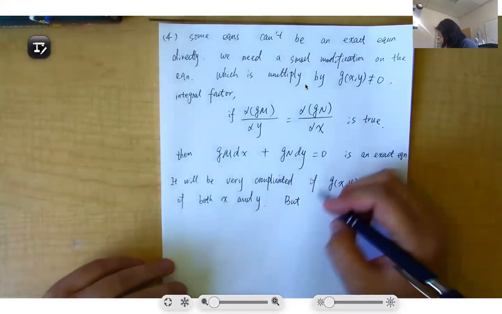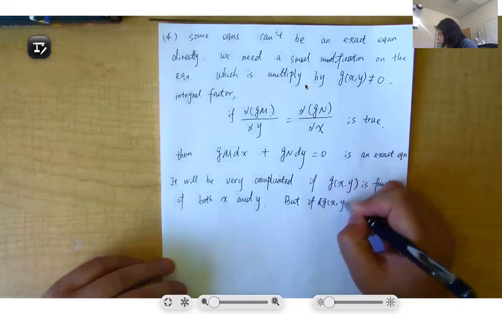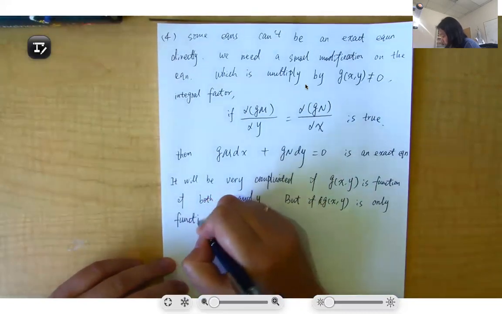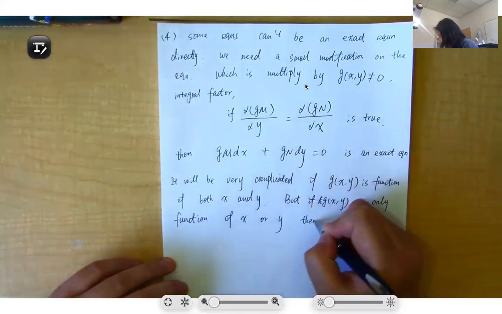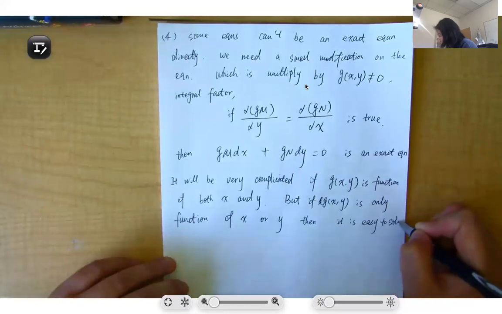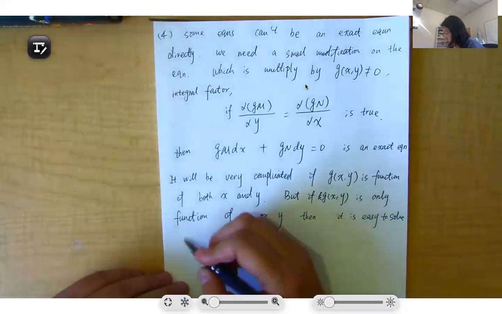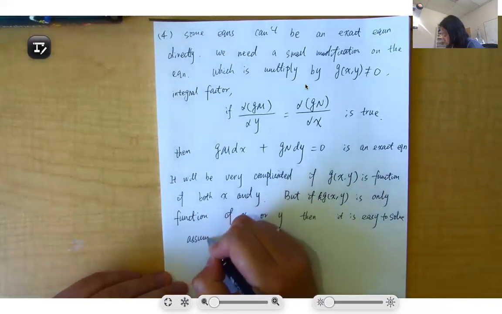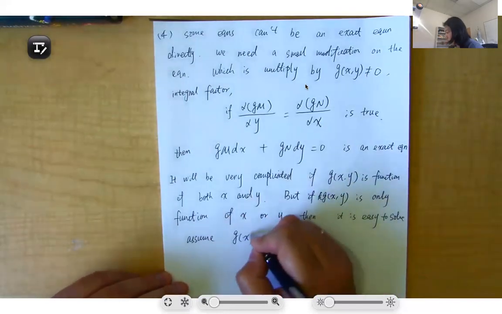So, if g is only a function of x or y, then it is easy to solve. Let's assume the integral factor g is only a function of x.